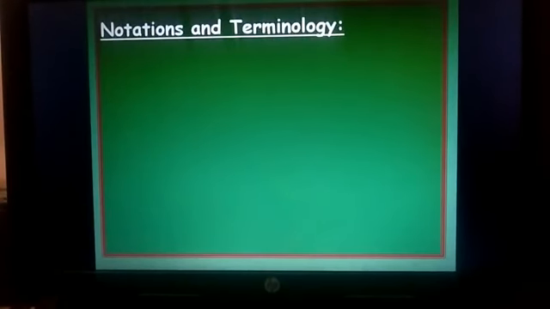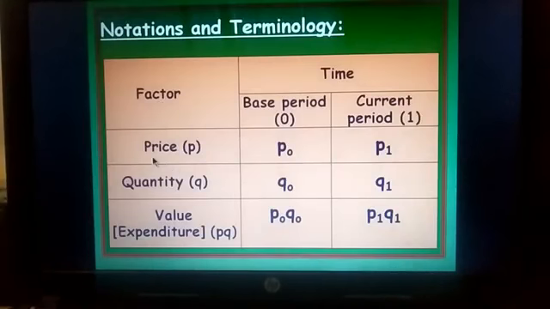These are the factors we will be coming across in this chapter: price, quantity and value. Value is nothing but expenditure. Price is written as small p. Quantity is written as small q. As we know, expenditure or value is nothing but p multiplied by q. So pq has been written here.